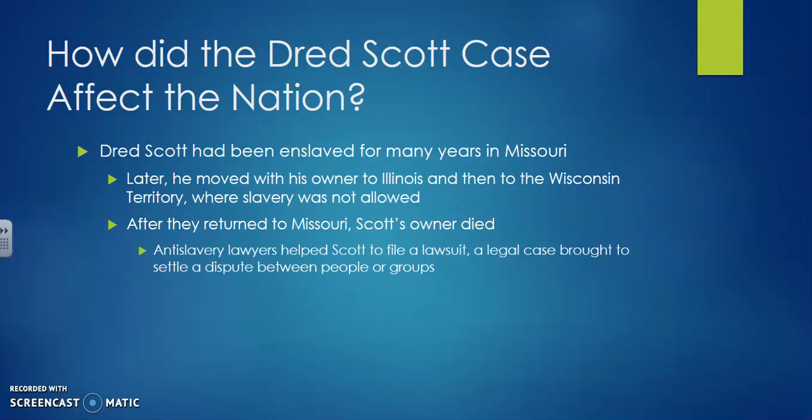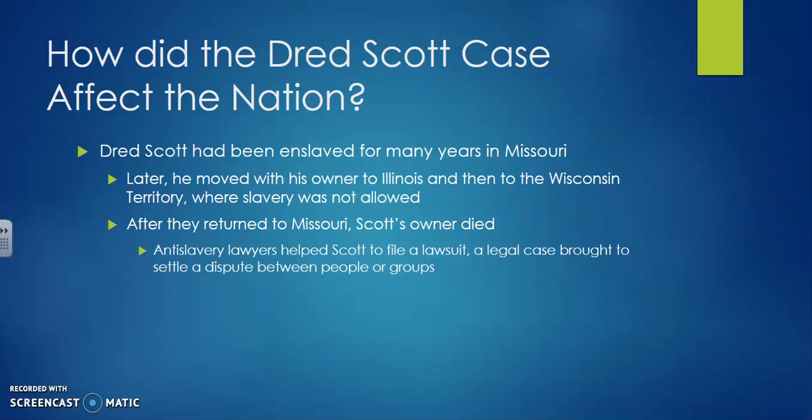And so anti-slavery lawyers are now going to try to help Scott file a lawsuit. A lawsuit is a legal case brought to settle a dispute between people or groups. So no laws are really broken here. What Dred Scott is doing is suing the family that owns him for his freedom.